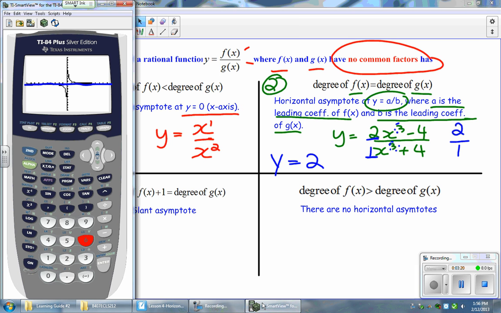To observe this behavior, go back into your calculator and plug in this function. Go to y equals and clear anything you had in there before.